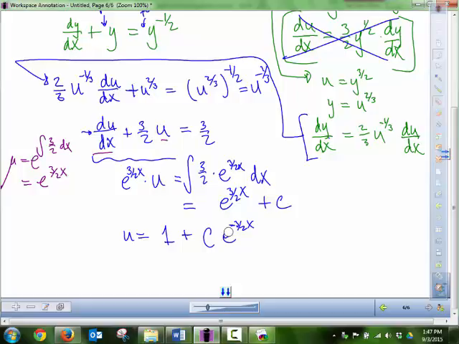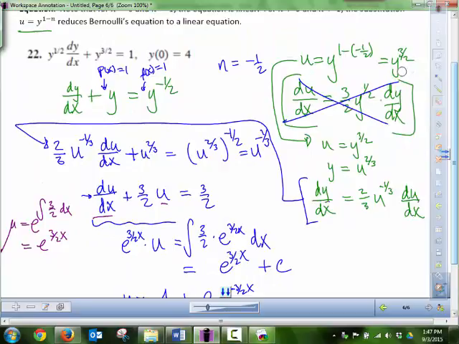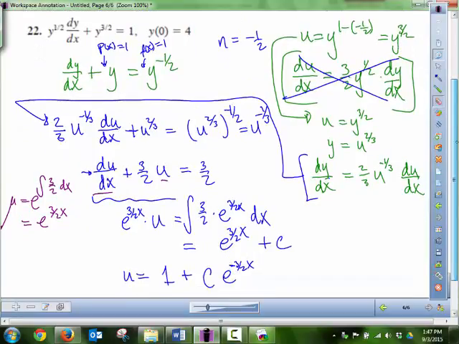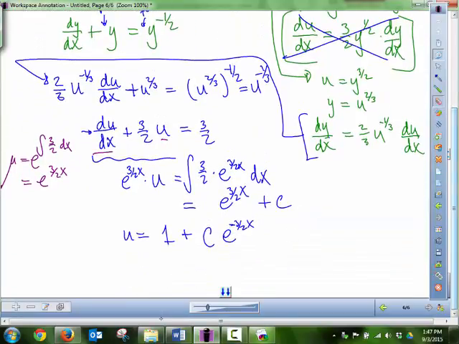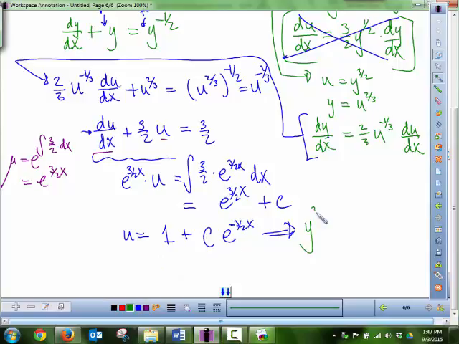Okay, are we done? Oh, what do we have to do? Got to change it back, right? Let's see, u is equal to y to the 3/2. So those are minor steps here. y to the 3/2 equals 1 plus c e to the negative 3/2 x.